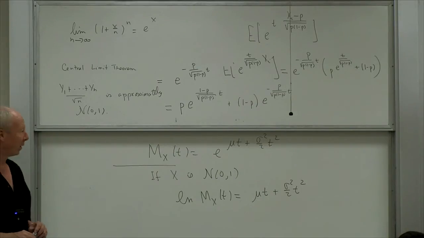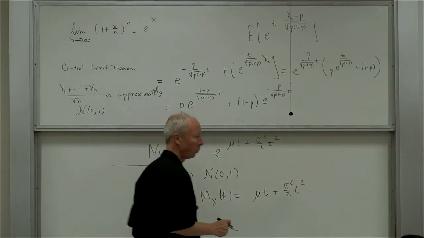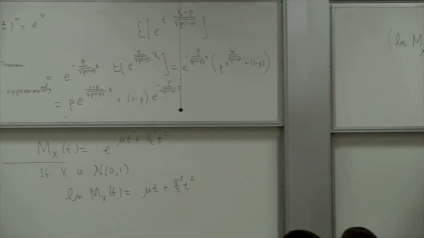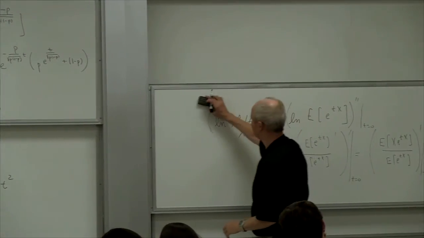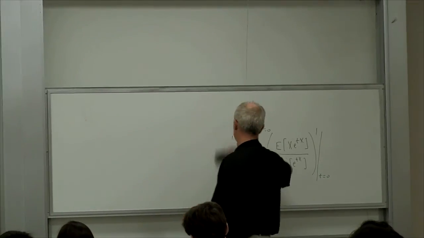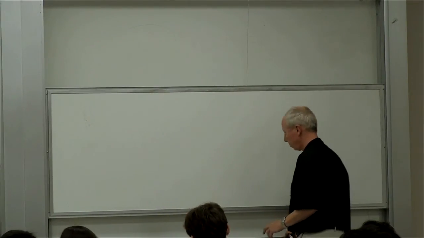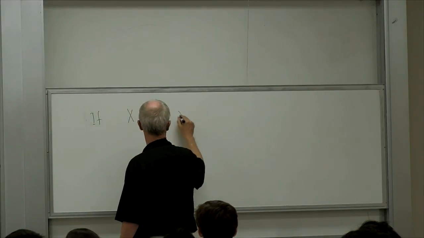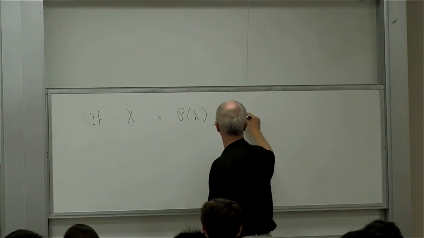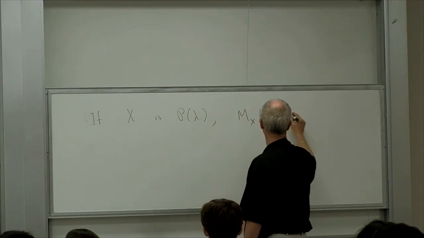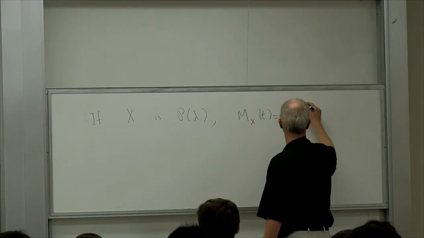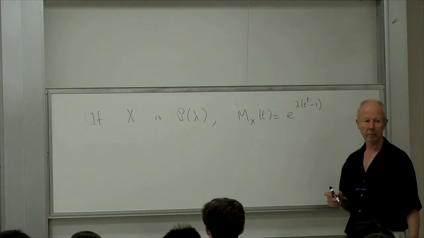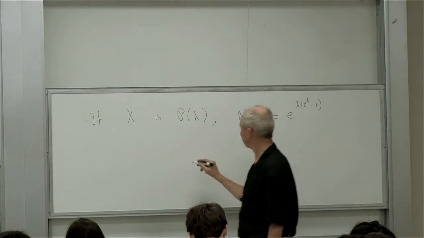Okay. Let's do it with Poisson. What's the variance of a Poisson random variable? There's the moment generating function for Poisson, right? What's the log of that?